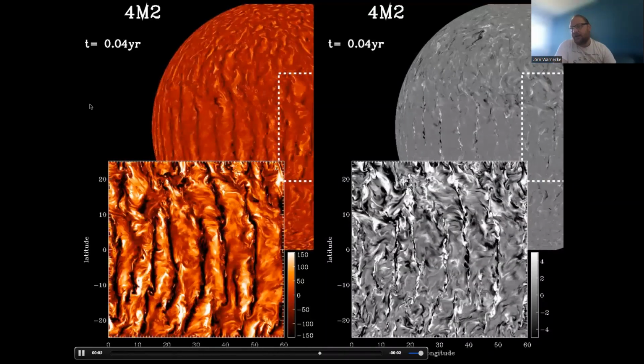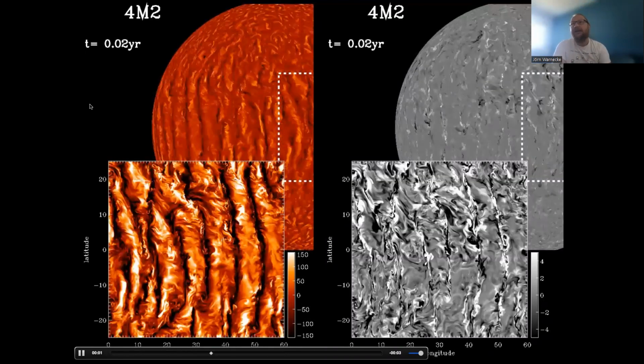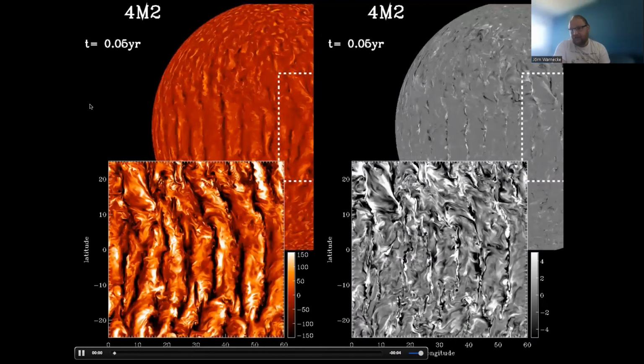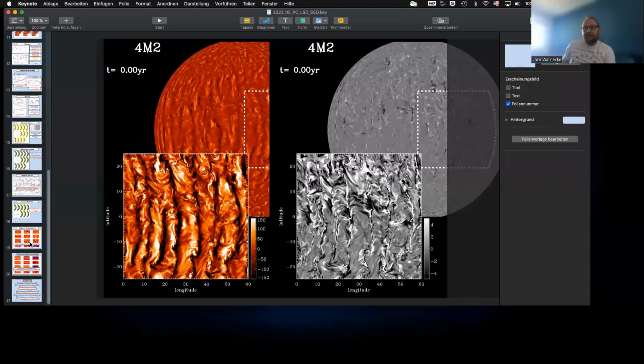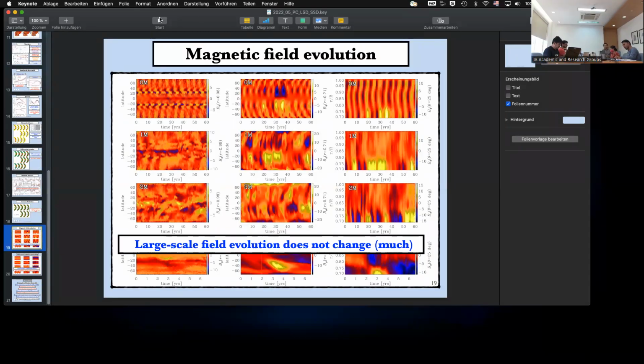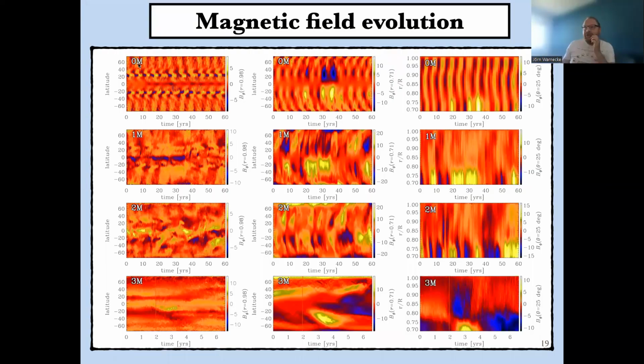We were actually surprised that there is an effect, as I showed, on the differential rotation, which basically explains the difference between 0M and 1M. The differential rotation doesn't have this so-called nose anymore, so you don't have the equatorward migration anymore. But otherwise, I would say it's not so strongly dependent on it.